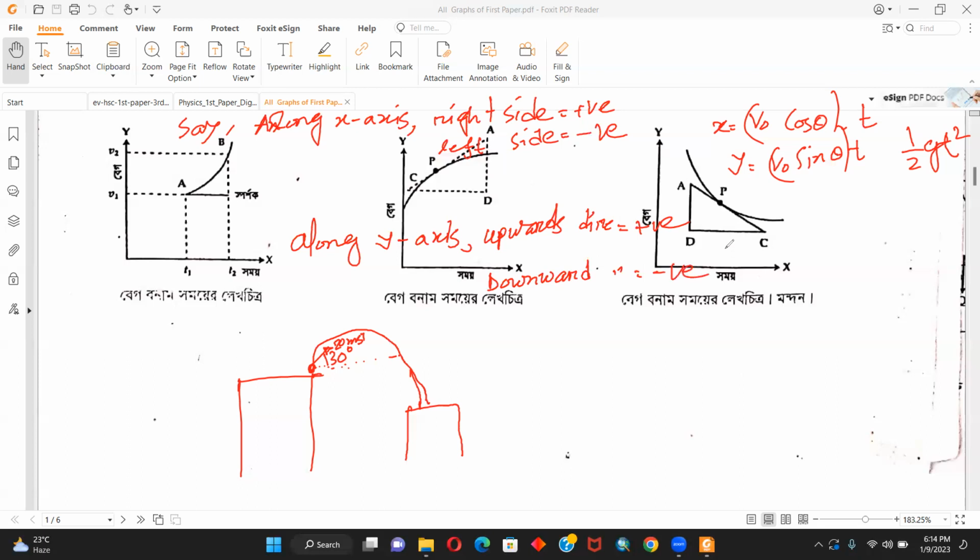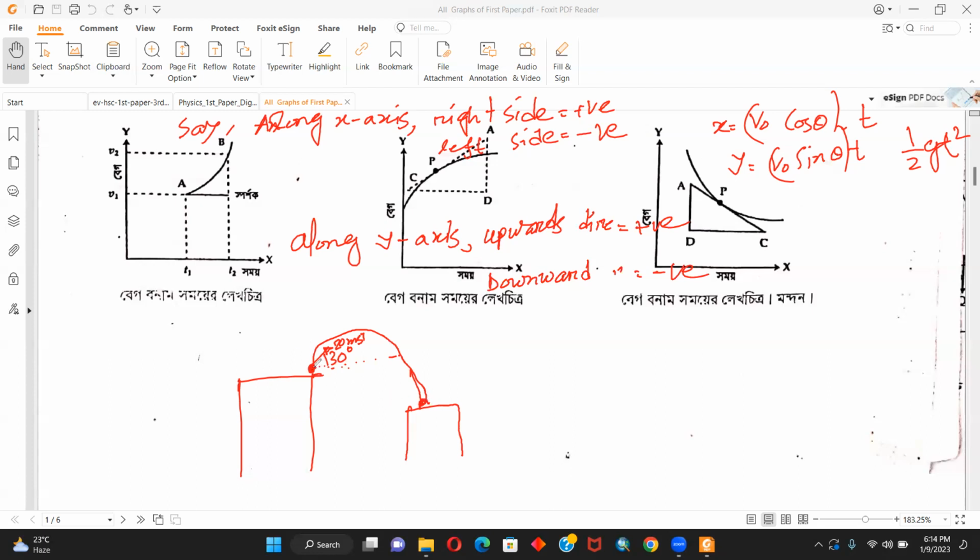But whenever you are calculating the distance, you have to see between the first spot and the second spot. What do I mean by that? The ball starts from here, at this particular point, and it ends here.